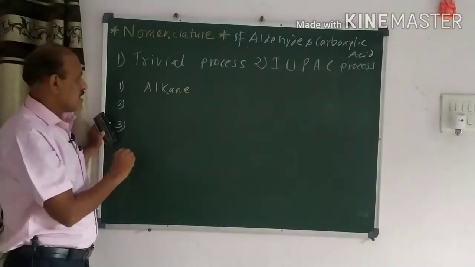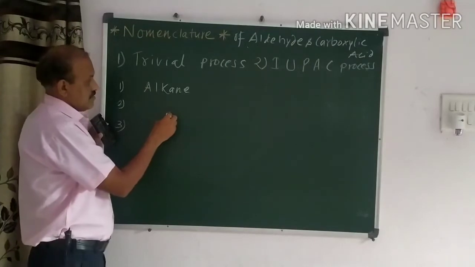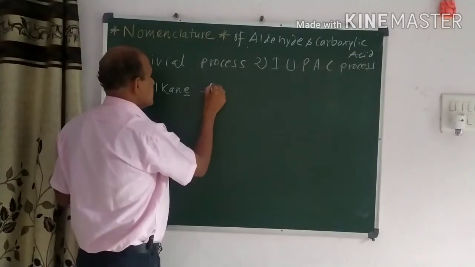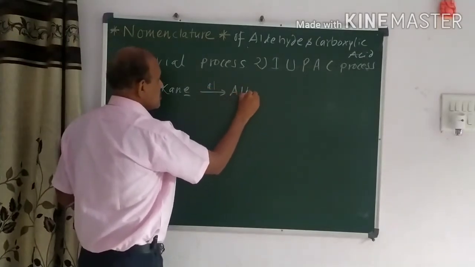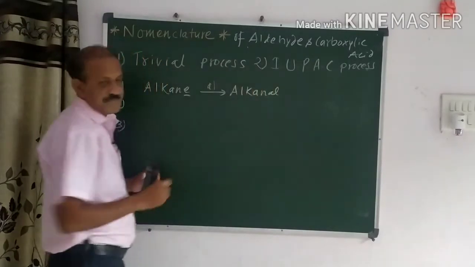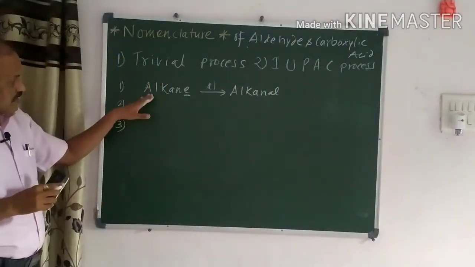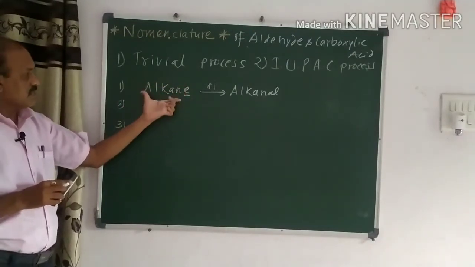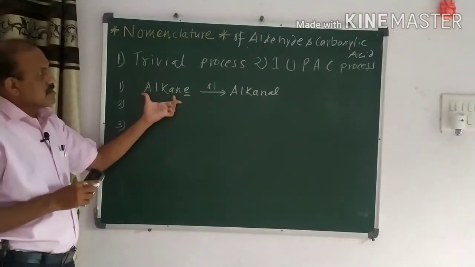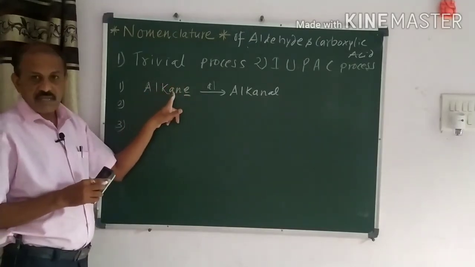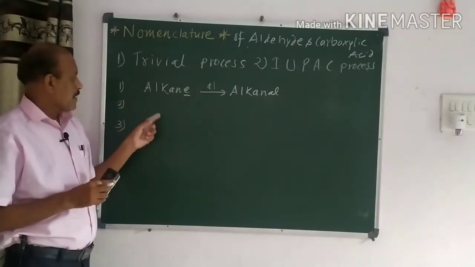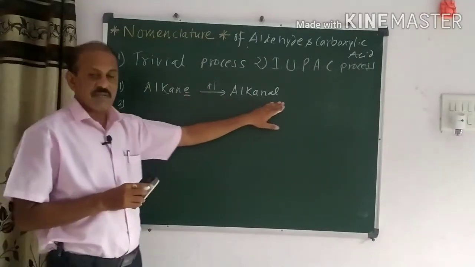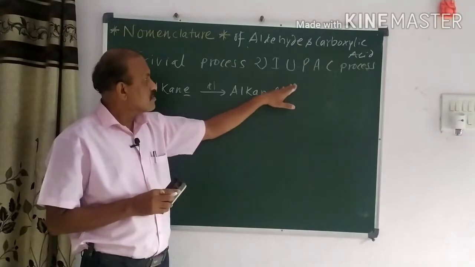From that corresponding alkane the e is replaced by al, and we give the name alkanal. While giving the IUPAC name to the aldehyde, we first predict the corresponding alkane, then the e is replaced by al, and we give the name alkanal to the aldehyde.